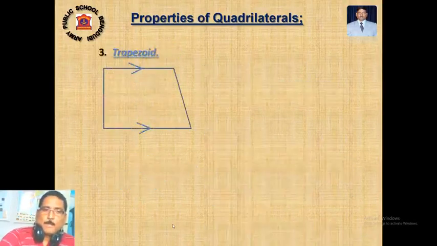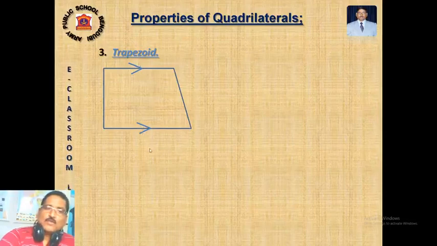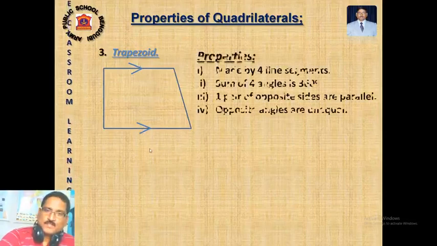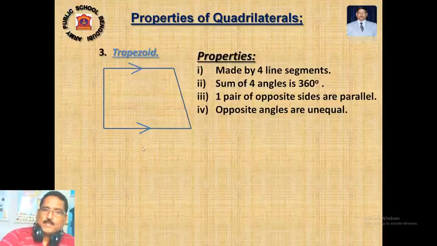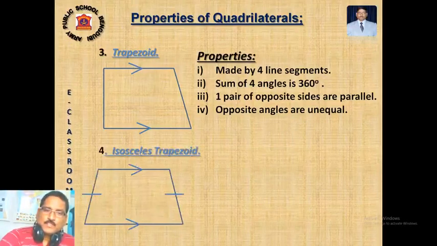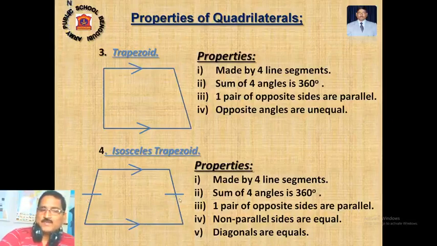Next figure is trapezoid or trapezium. One pair of opposite sides is parallel, and it will follow the quadrilateral features first: the form made by four line segments, and the sum of four angles is 360 degrees. One pair of opposite sides is parallel. Isosceles trapezium: it will follow the trapezium property along with non-parallel sides being equal.